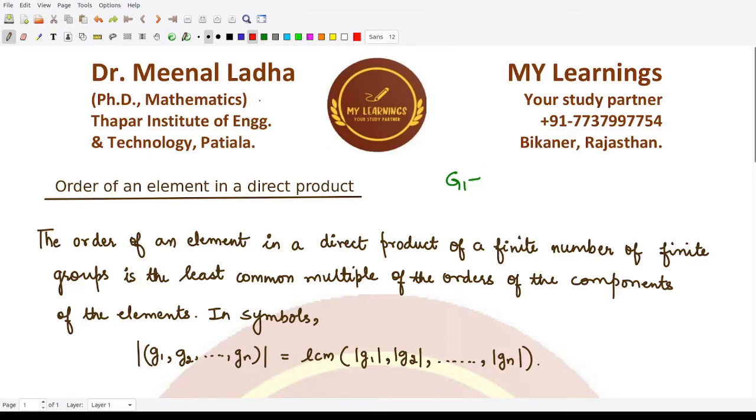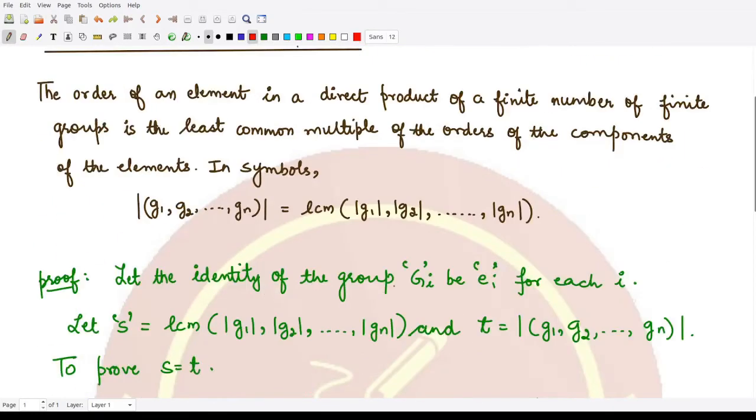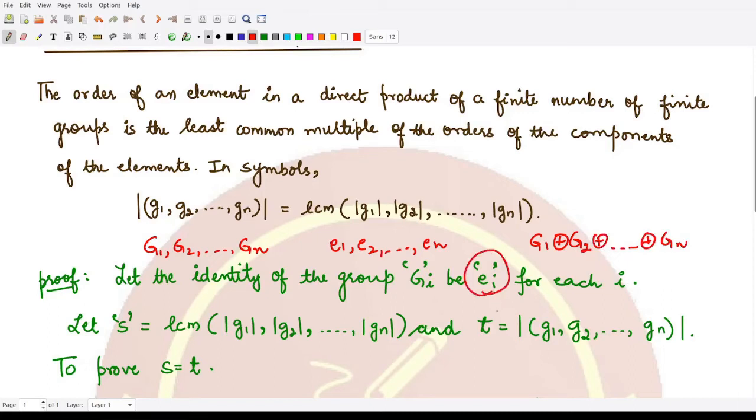So for the proof here, we first of all assume that for each of the groups which are present in this direct product, G1, G2 up to Gn are the groups such that each one has identity E1, E2 up to En. Now we are forming the direct product out of these n groups, right? These are finite groups. So for each of these groups we have Ei as our identity.